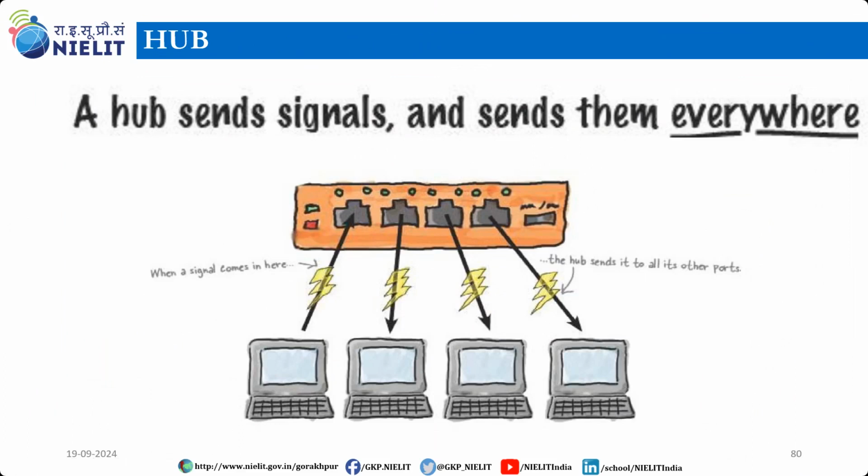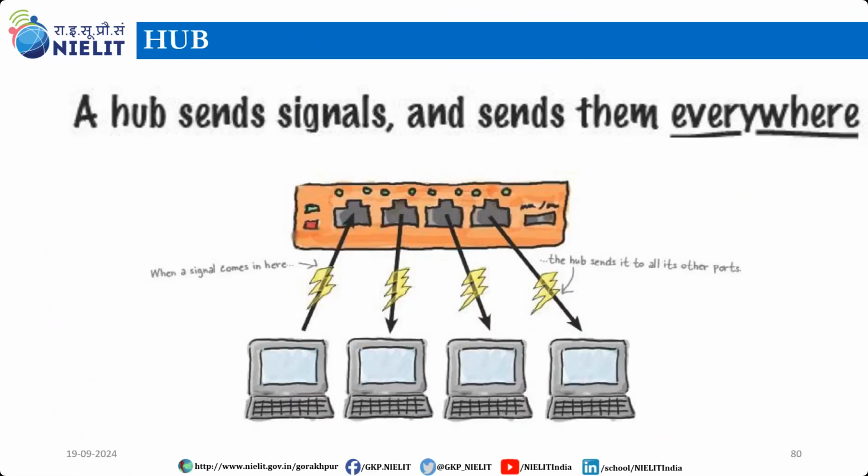That is why the hub is treated as an unsecured device. This PC is trying to send data to PC2 only, but the message is going everywhere, to PC3 and PC4 also. So the message will be visible to every device connected to the hub. Here there can also be an attacker. The attacker might capture all the traffic flowing between PC1 and PC2. So that is why the hub is treated as an unsecured device. It is not secure.